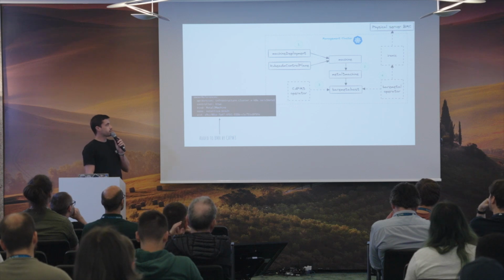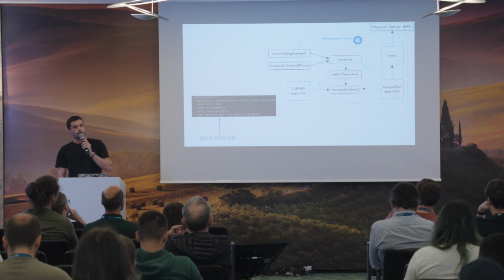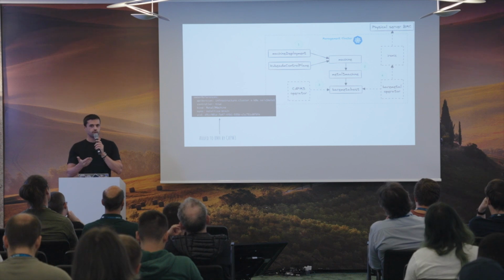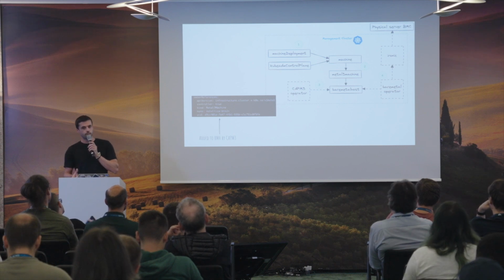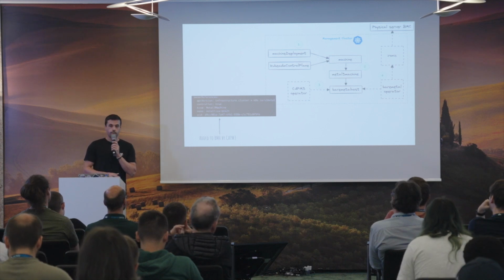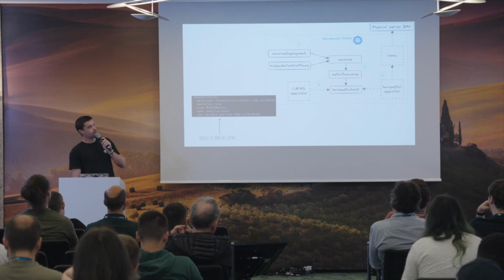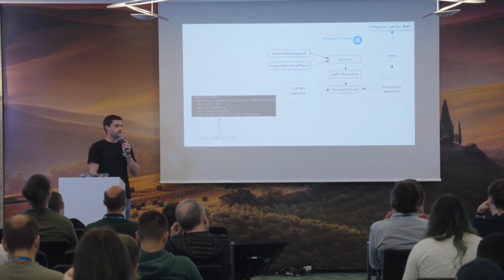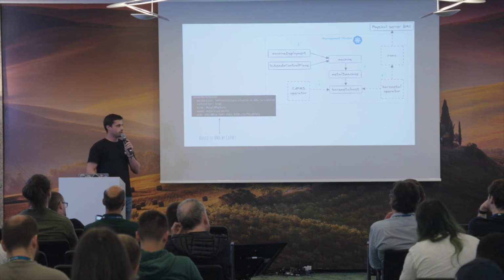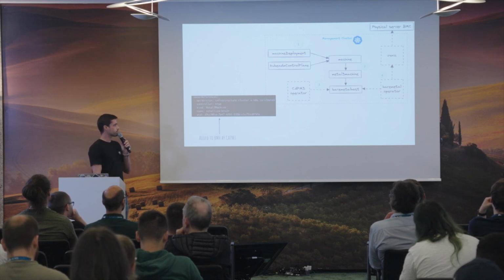And again, this is what it looks like in a diagram. So once we create our machine deployment, for instance, we're going to have a number of machine CRs based on the replicas, associated Metal³ machine CRs, which will get picked up by our CAPM3 provider, our Metal³ Cluster API provider, which will configure our bare metal host with the user data, the OS image, and then we are back to the usual scenario of bare metal operator, Ironic, and all that stuff that we described earlier.